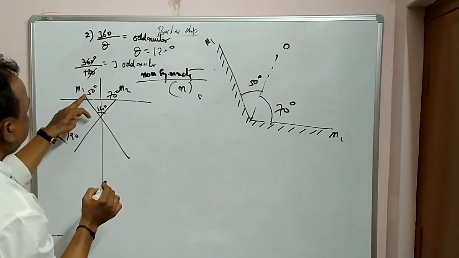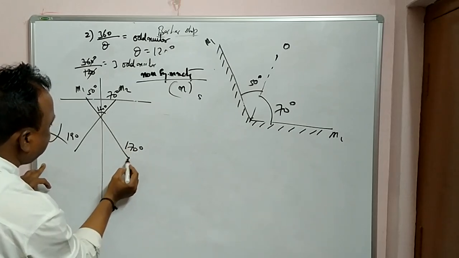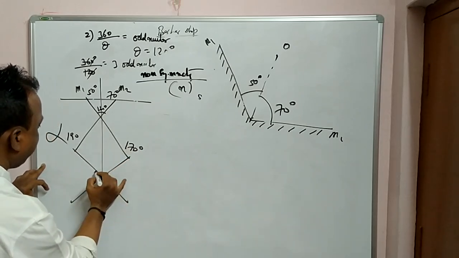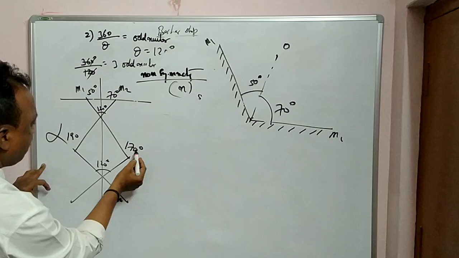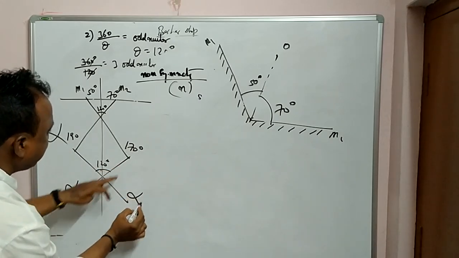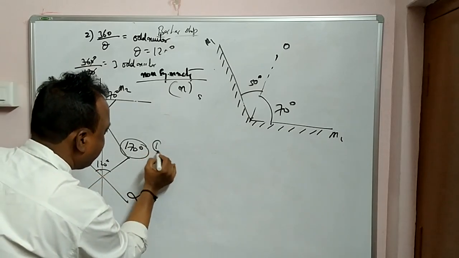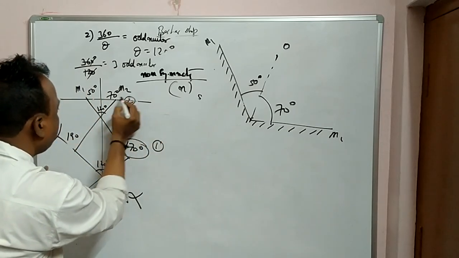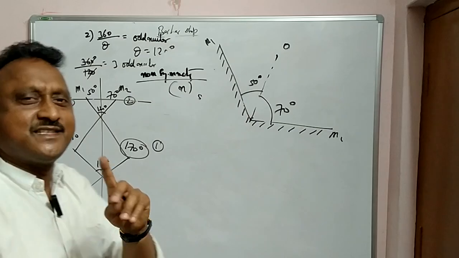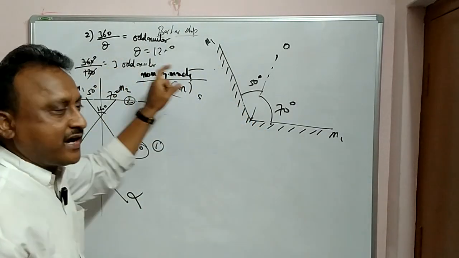Again, see here, 50 plus 120 is 170, still there. Coming back again, 120 plus 170 is crossing, 290, don't take, this also don't take. So here 170 is not equal to 180, so images 1, 2, 3. So how many images are formed in non-symmetry or unsymmetric when n is an odd number?